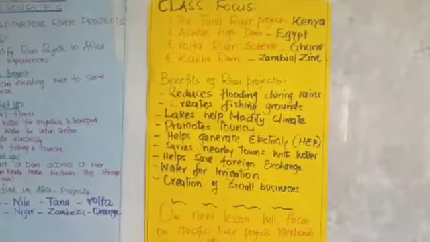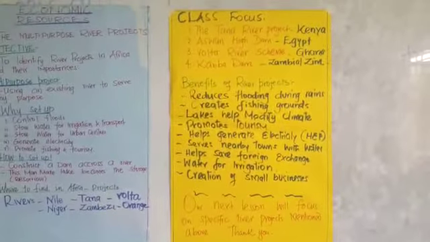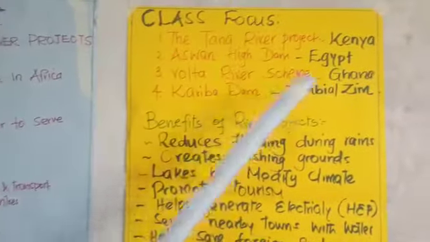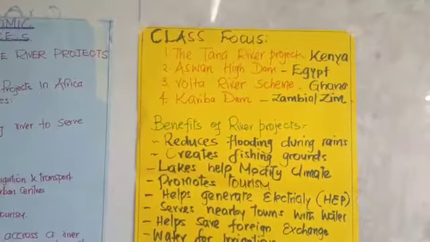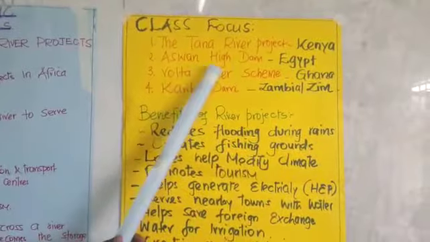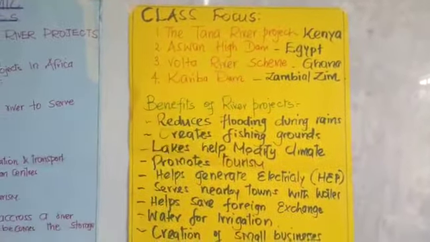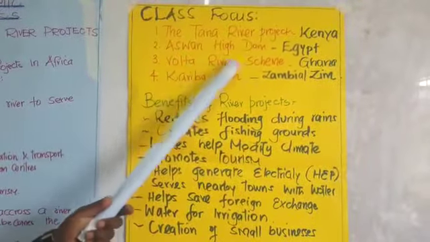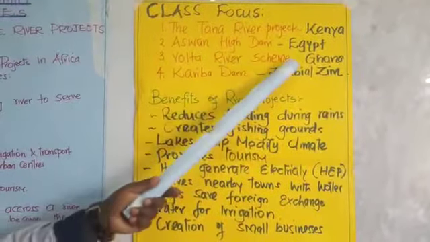Those of us who may remember class 5 social studies, we call it the Seven Forks project. Then we have the Aswan High Dam in Egypt, which is on River Nile, among many other dams on this river. Then we have the Volta River Scheme in Ghana.